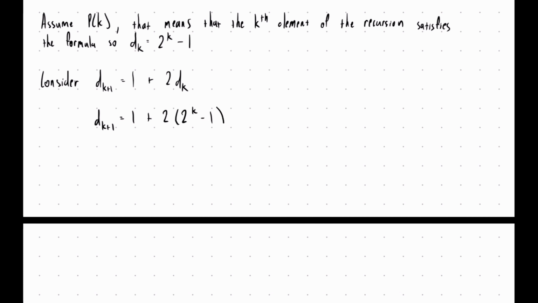And here comes the next one. So can you see how the twos are going to become 2 to the k plus 1? And the 1 and the minus 2 are going to cancel to give me that negative 1. Right there. Let me erase it.